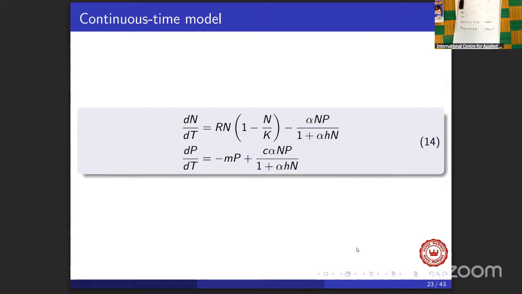P is population, and C. In the lower side, this is 1 plus alpha hN. N is population. We take the dimension of h as population inverse, and alpha is a scalar quantity. But no, 1 is written here, so what is the dimension of alpha?